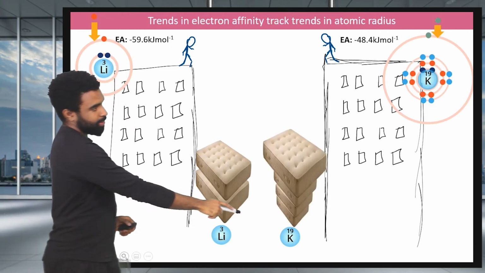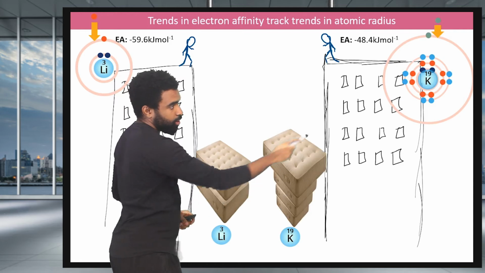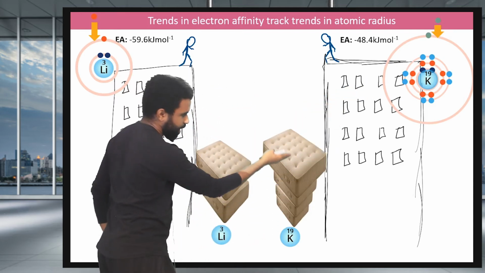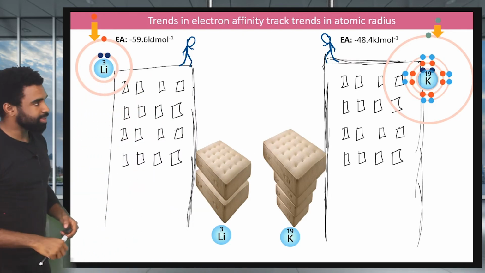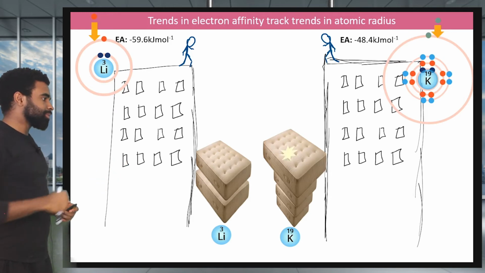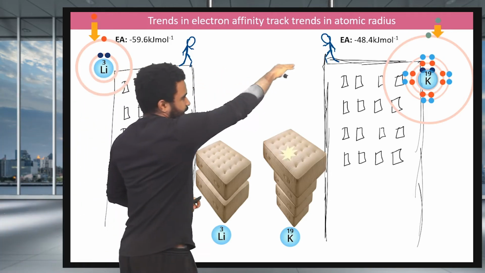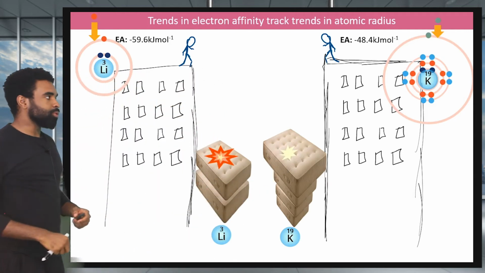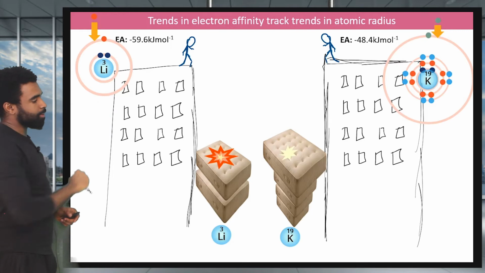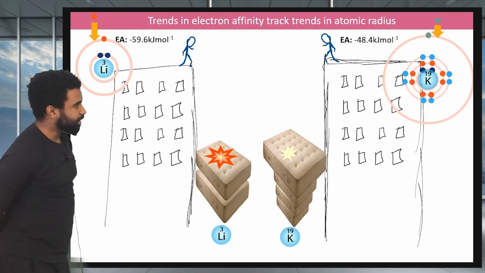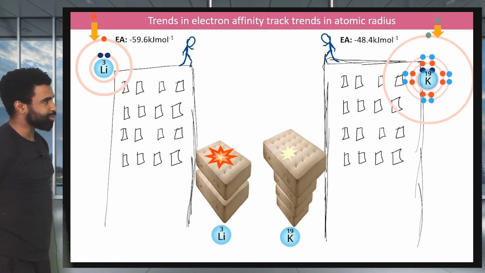But for potassium, we have 4 shells. So even though potassium has a higher nuclear charge and the lower shells are more constricted, because we have more shells, it more than compensates. So when Electric Mike, or the free electron, jumps into the shell of potassium, it's a shorter fall and therefore less exothermic than when he jumps into the shells for lithium. So this is more exothermic, and that is less exothermic. Hopefully that analogy gives you the right idea.